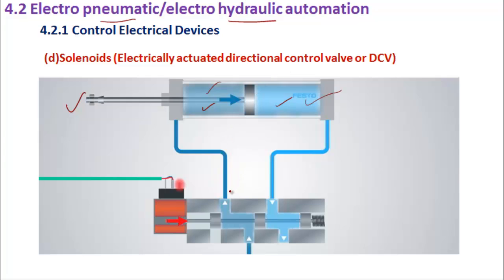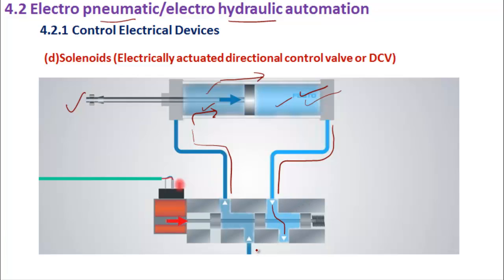Now, suppose we are pushing air through this in a pneumatic system, then what will happen? The piston will move back. But if this has to move back, the air that is present here has to go out. That will go out through this particular pipe. That's why the arrow is shown like this.